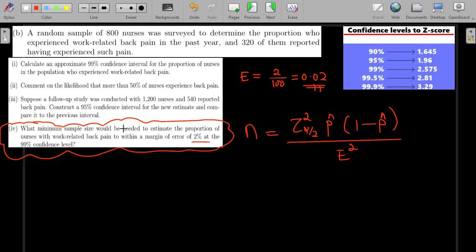If you haven't been told which proportion to use explicitly, then you always use P equals 0.5. Why are we using P hat equals 0.5? Because this is the value that maximizes the sample size.